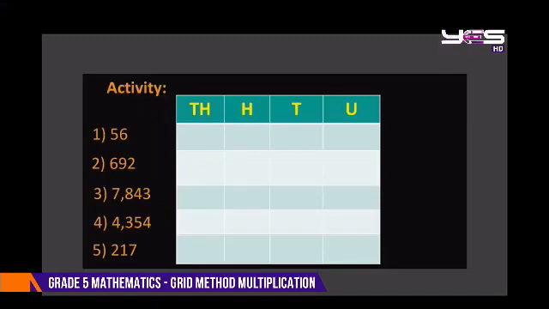Let's try this activity, children. Here, what you have to do is you have to write the digits in each number in the correct place. For an example, 56. 5 is in tens place, right? 6 is in units place. So, now it's your turn.